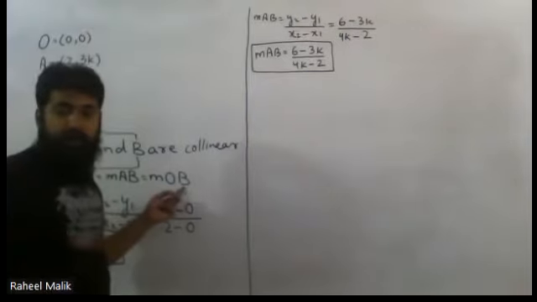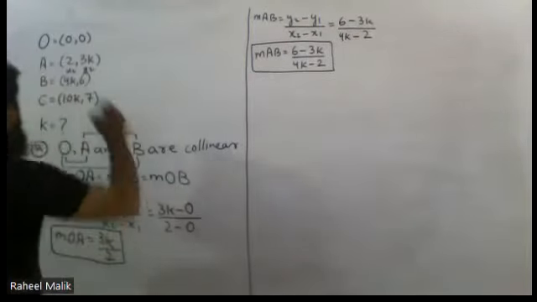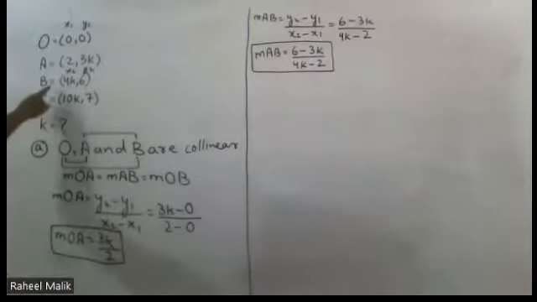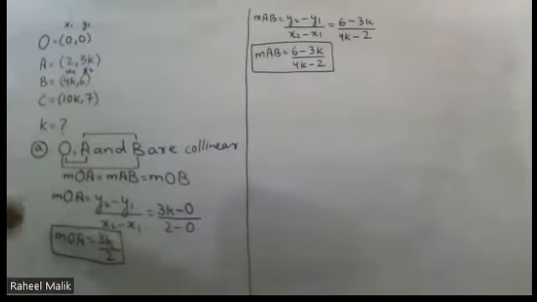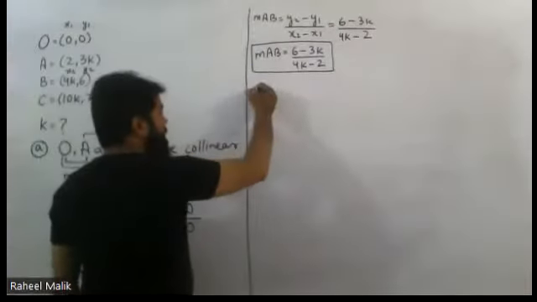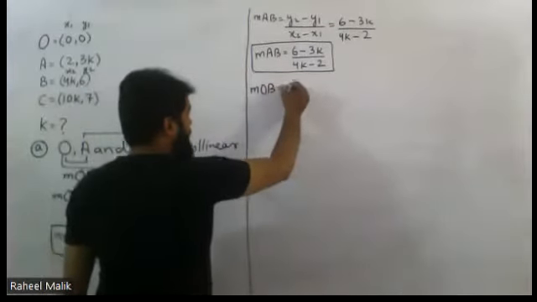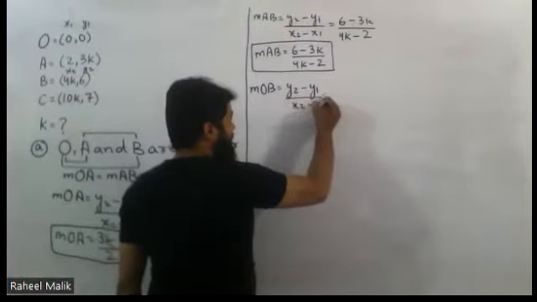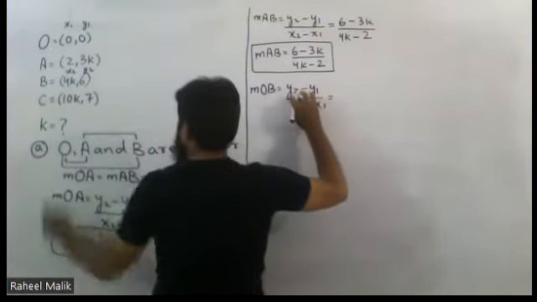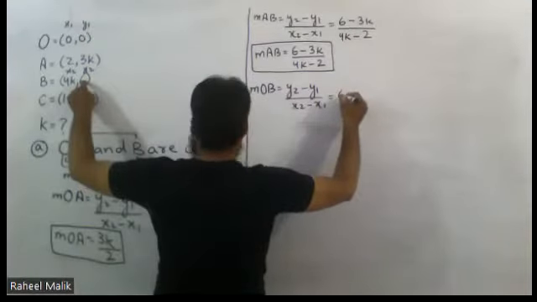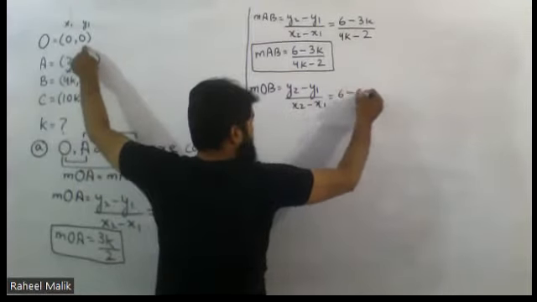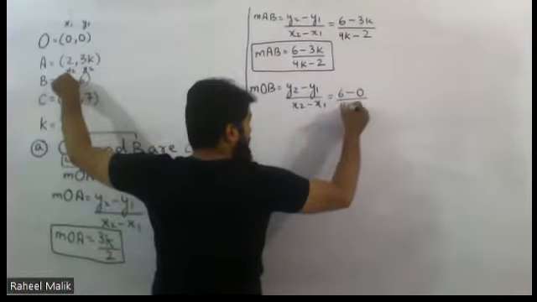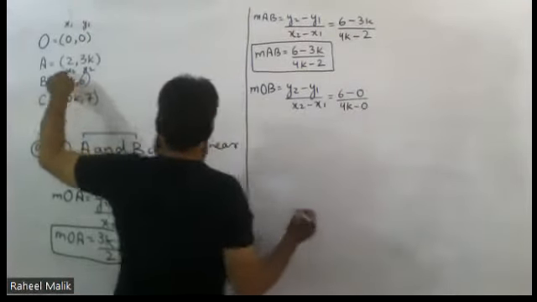Now I'm going for the gradient of OB. O is x1, y1, and at B I have taken x2 and y2. The formula will be y2 minus y1 upon x2 minus x1: 6 minus 0 upon 4k minus 0.